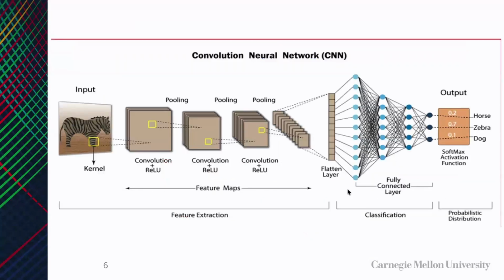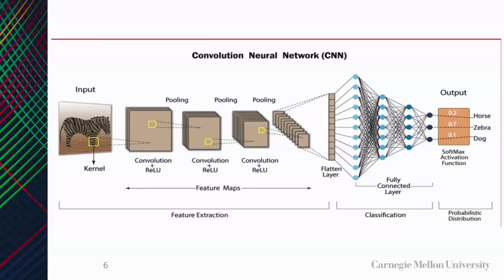Yes, to understand more about the convolutional neural network, which is the main topic that we are discussing in this lab 5, we start with a given image, and the network is divided into three parts: feature extraction, classification, and the probability distribution.